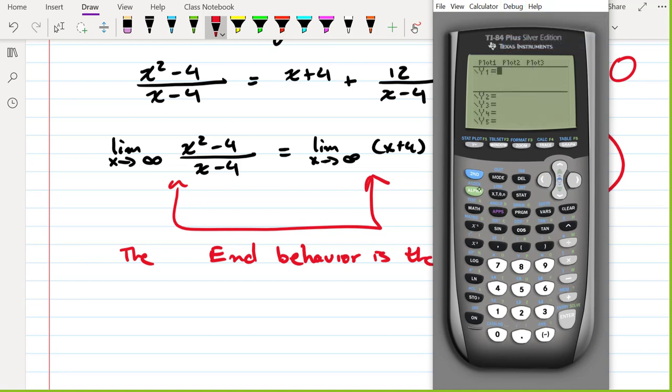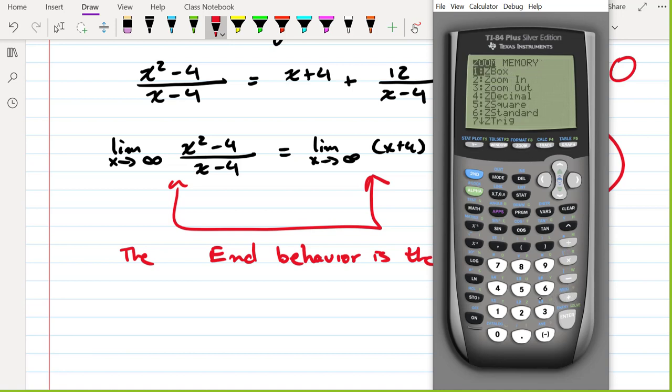So if we go and we type in our x squared minus 4 over x minus 4, and then this guy should be x plus 4.